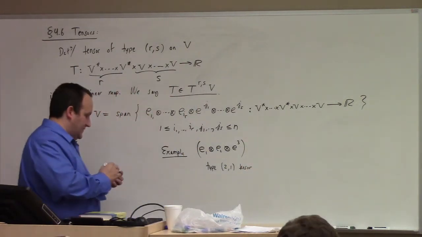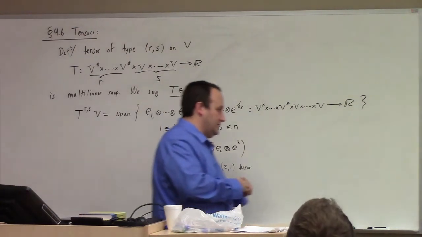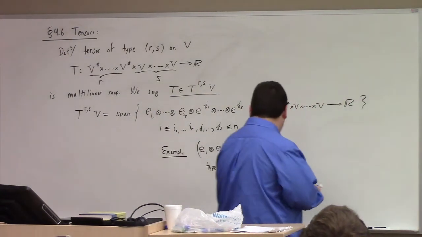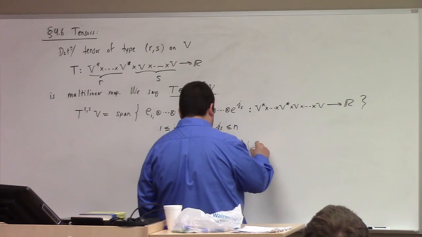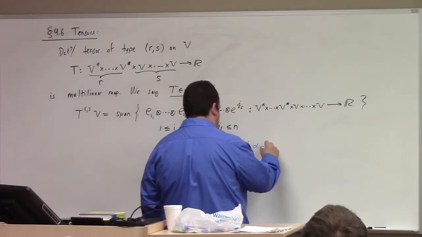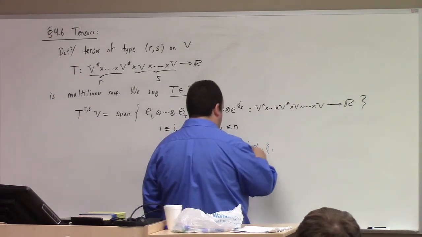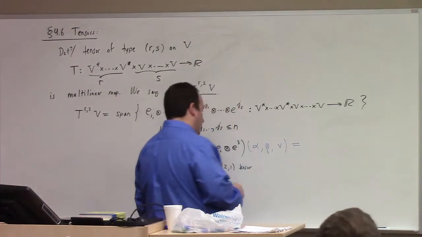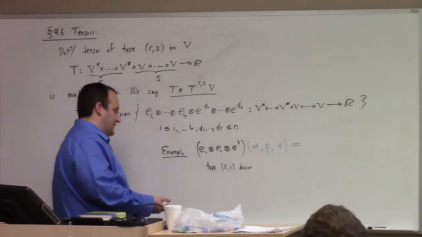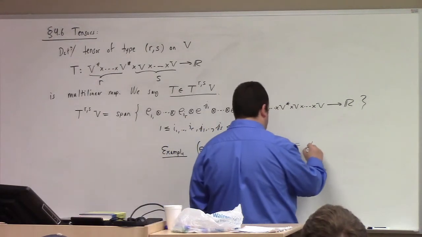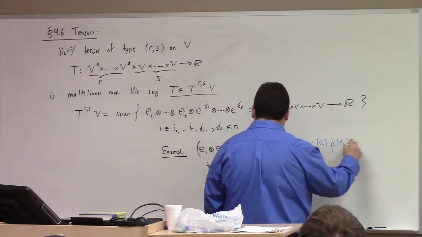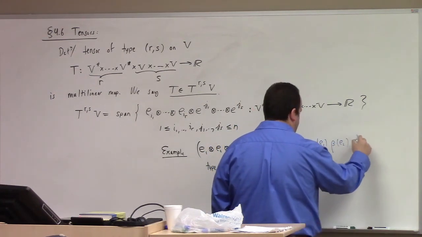What does it eat? What do you feed it? Opposite data, essentially. So you feed this a 1-form, another 1-form, and a vector. And how is that defined? It's defined as follows. That's alpha acting on e_1, beta acting on e_2, and then e^3 acting on v.